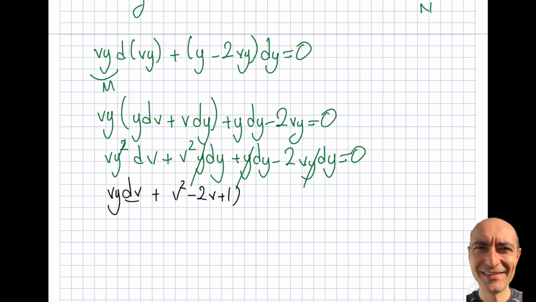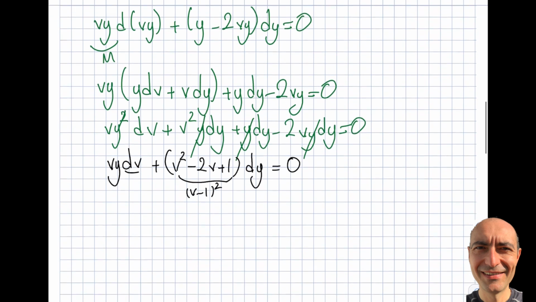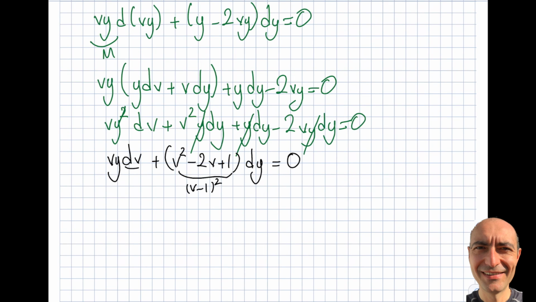You can see why I changed the order of those in a minute if you haven't already, okay? So what is this? v minus 1 squared, right? Wonderful. So then I get vy dv plus v minus 1 squared dy is equal to 0.